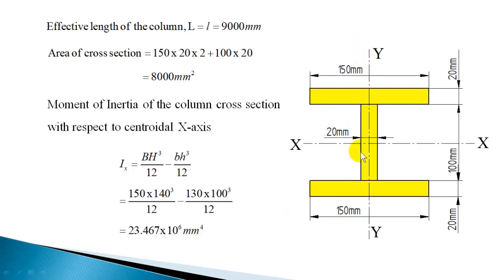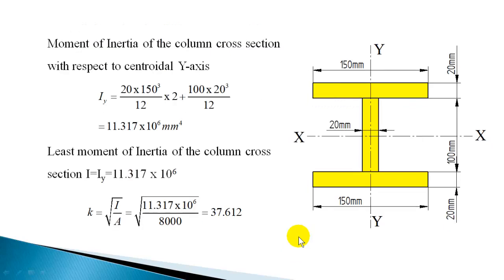Now with respect to the y-axis also you can find out the moment of inertia. That we need to check. We have to select the least moment of inertia. So we got it with respect to the centroidal x-axis. Now with respect to the centroidal y-axis, we have to find out the moment of inertia of the column cross section.